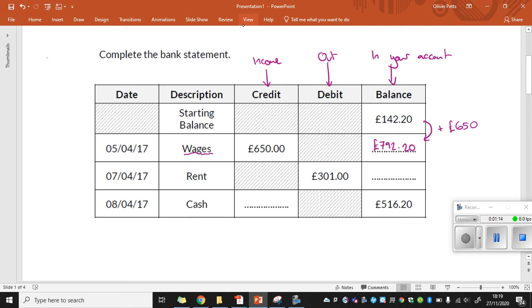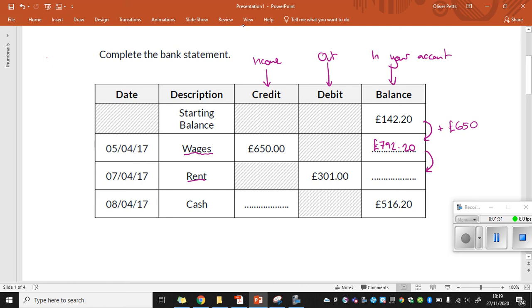Okay, 7th of April 2017. So rent. So rent is what you would pay in order to, I don't know, live in an apartment, live in a house, whatever, but it's something you would have to pay. So since you would have to pay this, it is going to be leaving your account.